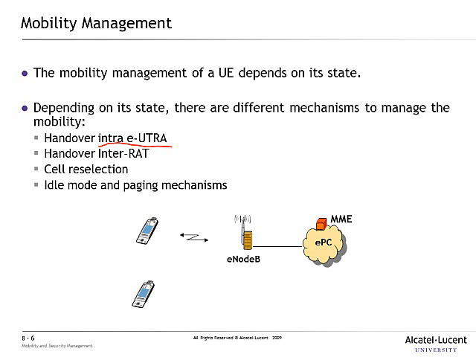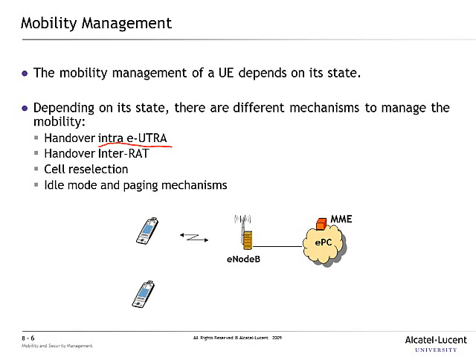So apart from handover, that's when you have an active connection. The other possibility is when you don't have an active connection and you're moving around. In that case, we need mechanisms. One mechanism we need is something called the cell reselection mechanism. So when a mobile moves around, it needs to perform cell reselection.